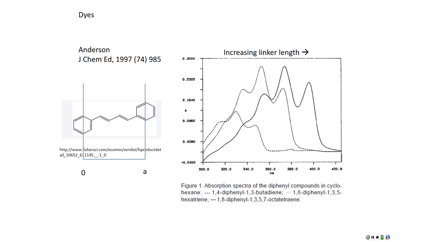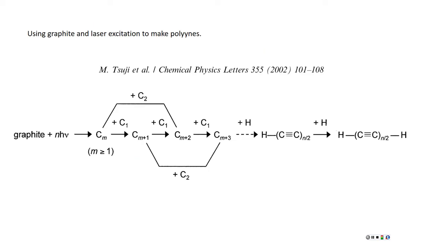So we're not going to use those in our experiment, and actually we're going to use something that is a little bit more straightforward. We're going to use graphite and a laser to make polyynes, so just chains of acetylenes capped with hydrogens. And here is the general mechanism from this ChemPhysLett article, 2002.